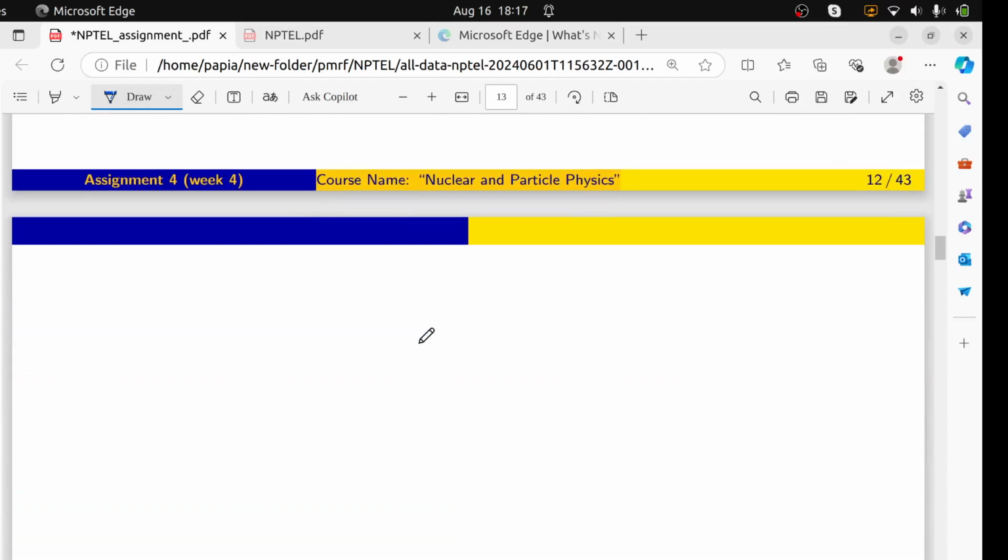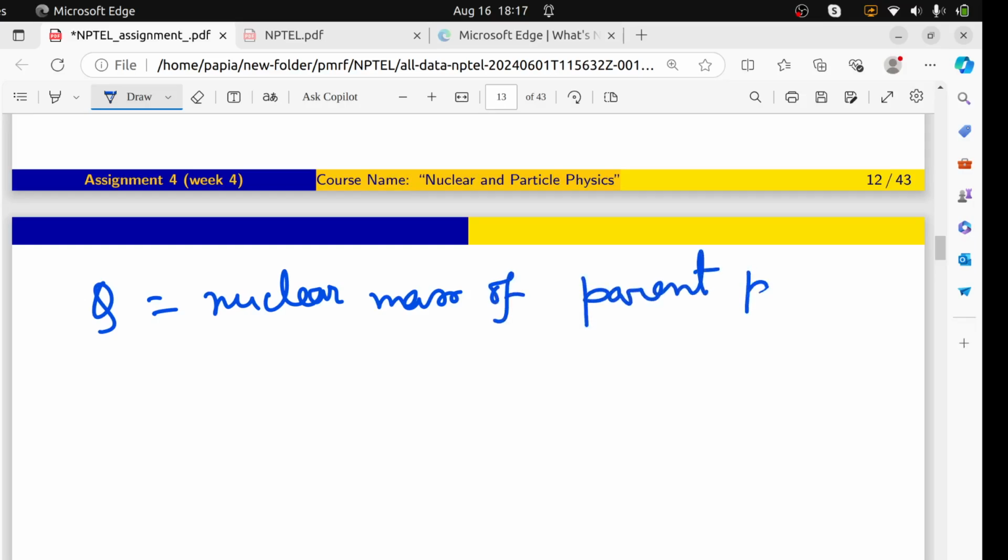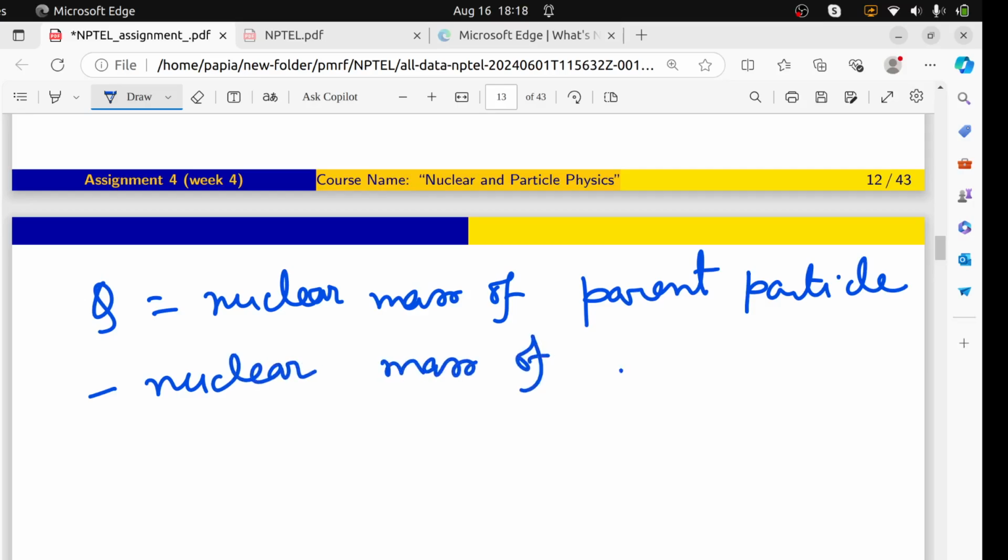So basically, Q can be written as the nuclear mass of the parent particle minus the nuclear mass of the daughter particles.